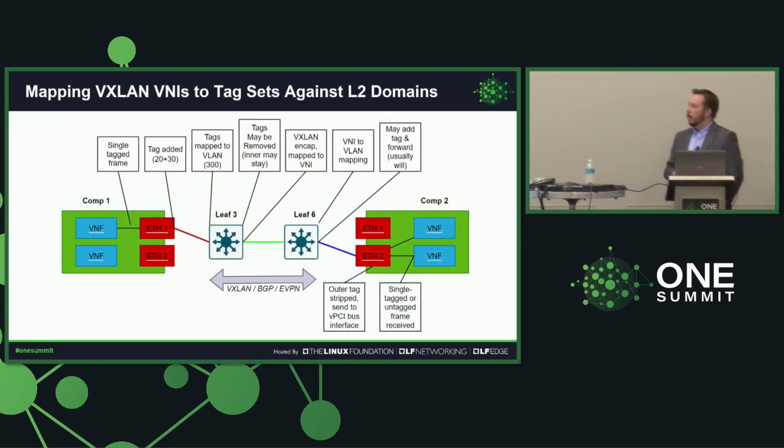So here is part of the key here. Working from left to right, you'll see what we're really building out is an entire path, and this becomes important for the controller. So we start with a single tagged frame on the left side, egressing that virtual network function. A tag is then added by that SR-IOV virtual function so that the tag progressing across that red line from Ethernet 1 to leaf 3 has 2 tags.